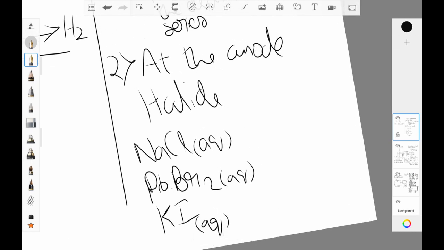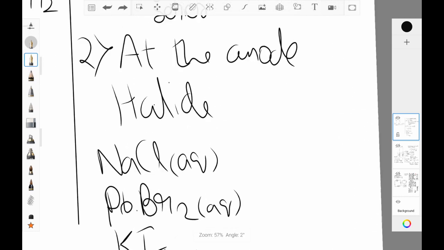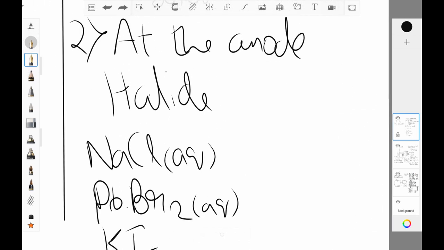Now, the main thing here is that if the solution is a halide and it's concentrated, then the halide ion will be the one that discharges. But if it's diluted, then the hydroxide ion will discharge, forming oxygen. Now, if your solution is not a halide, then oxygen is going to discharge by proxy.